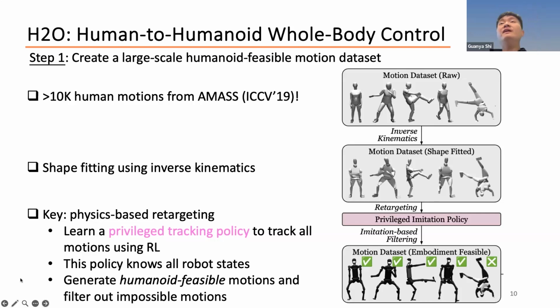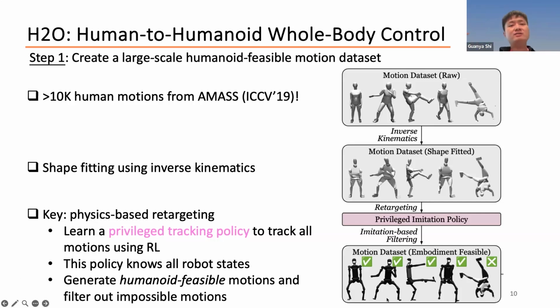I call this a privileged policy because this policy knows all robot states, even impractical ones. So the idea of this step is we want to generate humanoid feasible motions and filter out impossible motions. For example, the last motion here is definitely impossible for Unitree H1. So we just remove it. And the first four are in the dataset.